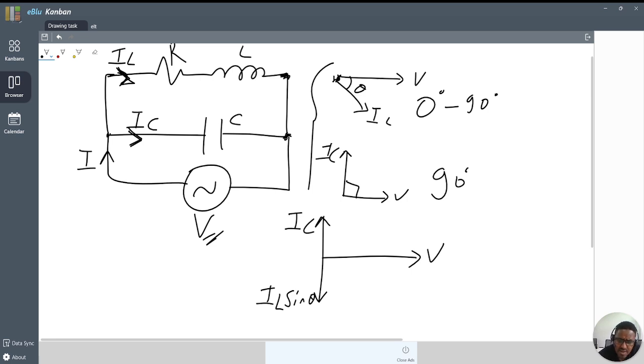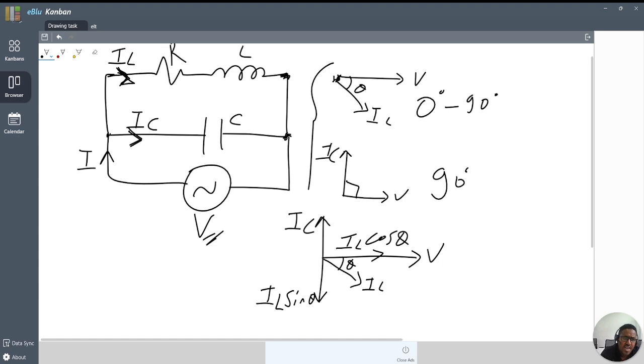So the total current we can get is IL cos of theta. That means the current during the inductive reactance lags by theta. By this, the phasor diagram of the relationship of our parallel circuit looks like this one.